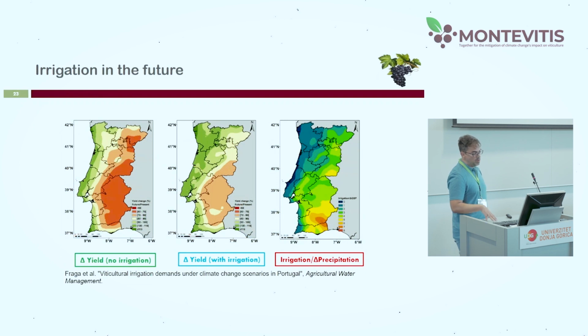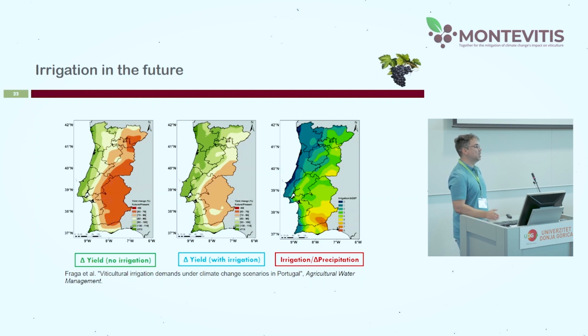This is also a modeling study, and what you see here in this map on the left is the projection for yields for the future in Portugal. And you can see by these red areas a decrease in yield.